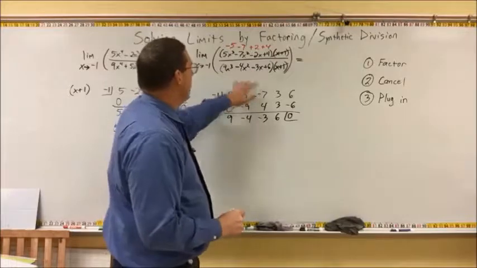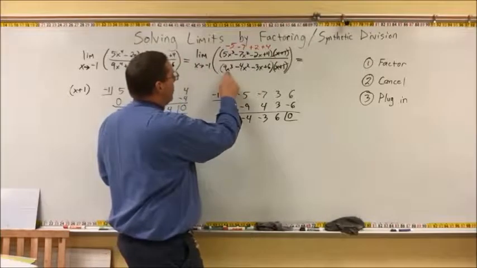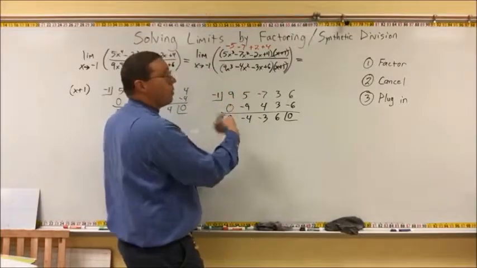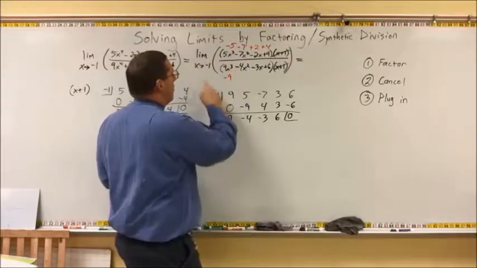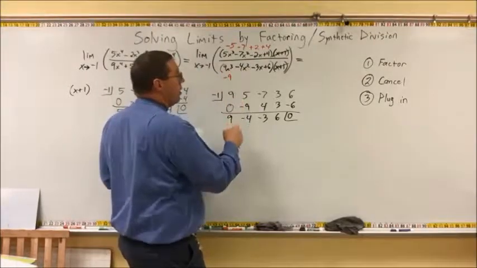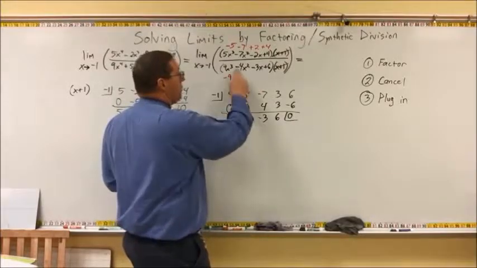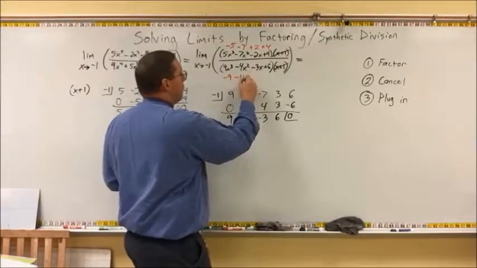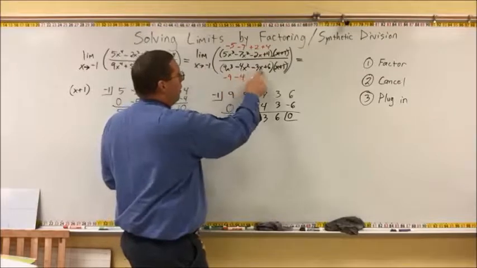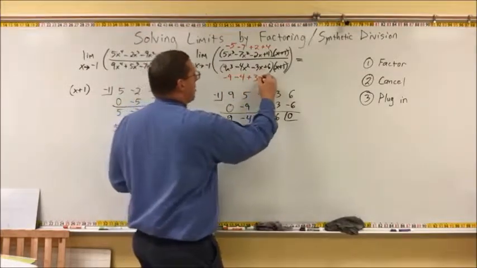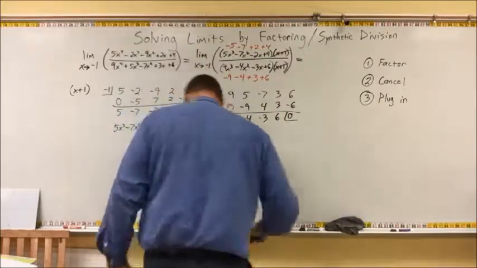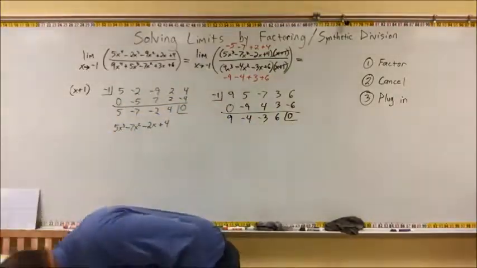In this denominator, negative 1 plugged in here, negative 1 to the third power is negative 1. Negative 1 times 9 is negative 9. Negative 1 squared is positive 1, times negative 4 is negative 4. Negative 1 times negative 3 is positive 3. And then we have a plus 6 at the end.